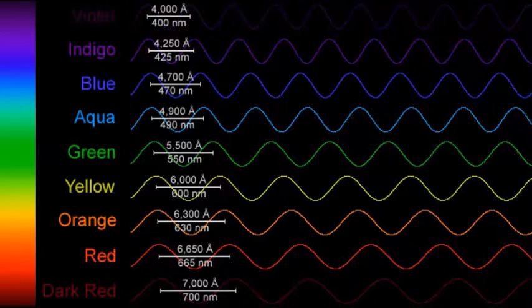That's about the wavelength of the most purple or violet type of color that humans can see. And red, which is somewhere between 6,000 and 7,000 angstroms near the bottom of this image, is about the most red that the human eye can see. And it's got the largest wavelength out of all the colors we can see. And so wavelength corresponds to color: the shorter wavelengths are violet, the longer wavelengths are more red.